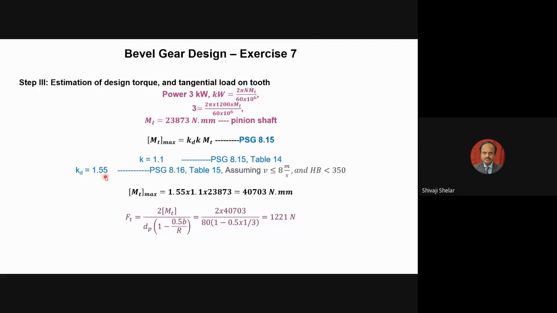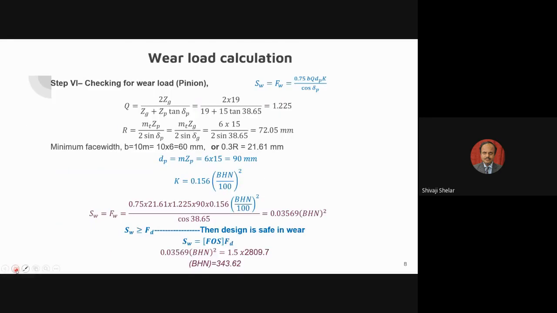KD value change means your MT value changes. MT value will change means FT value will change. Then your beam strength will change. So your module will change. So when you do the calculation, finally, whatever our assumption, yes, we are getting, and we require BHN here less than 350.